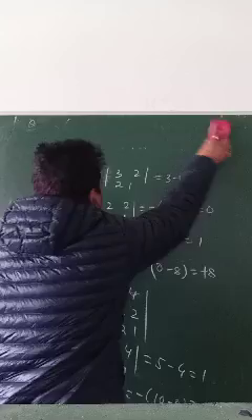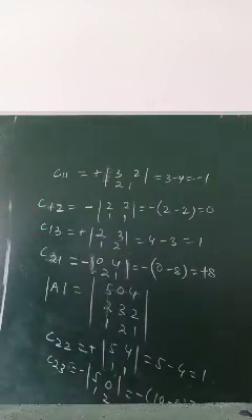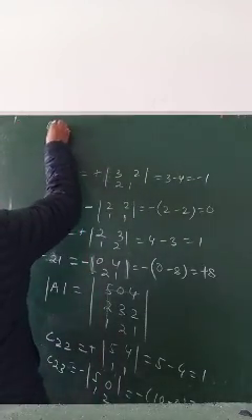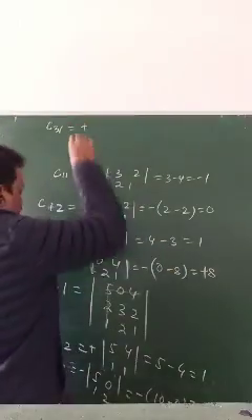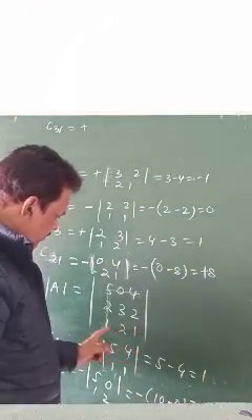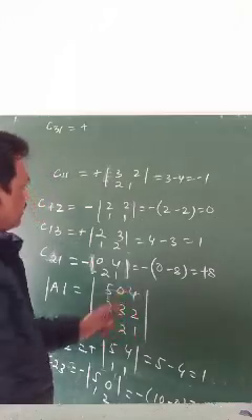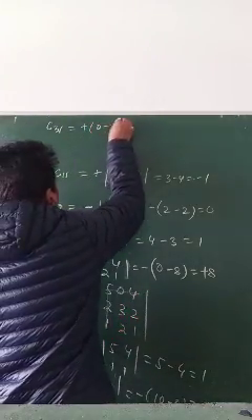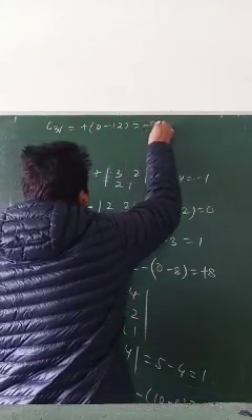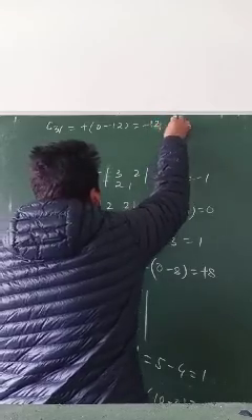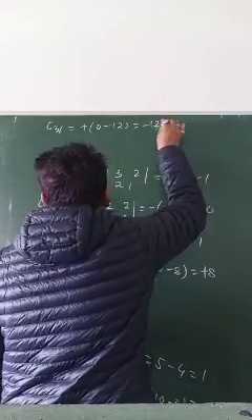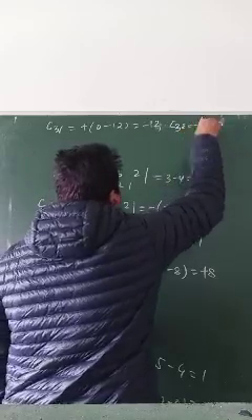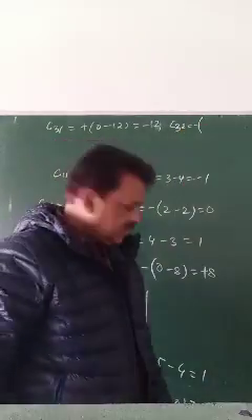Then comes C31. Let me write the direct method. Plus sign, 3 1 in this place. If you forget these two, 0 minus 12, minus 12. C32, minus sign.